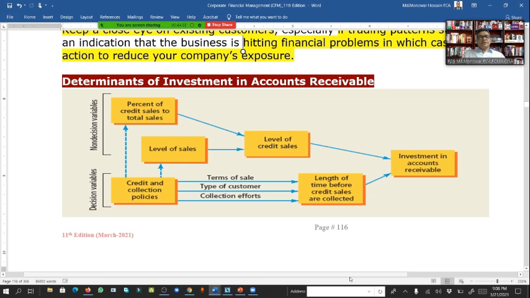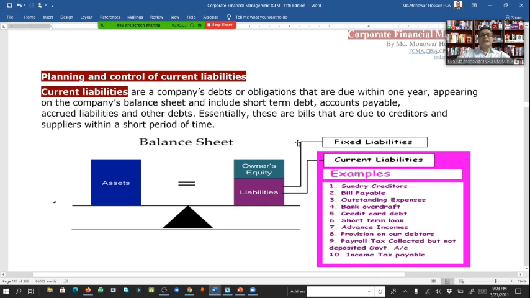So if we give emphasis to collecting the money, with terms and conditions in favor of the company, that would help collect the money, which is the amount invested in accounts receivable. Next, planning and control of liability.